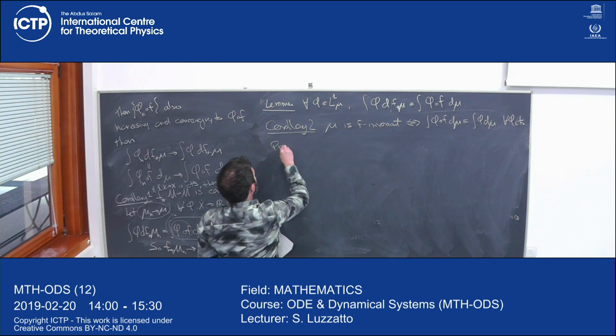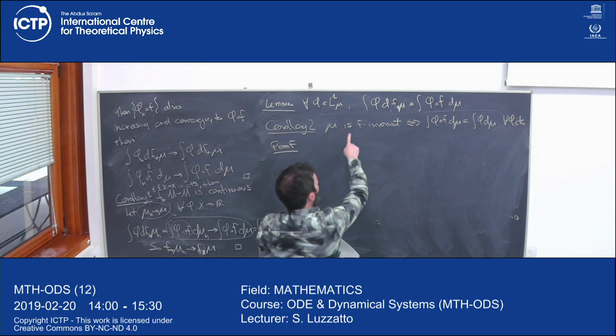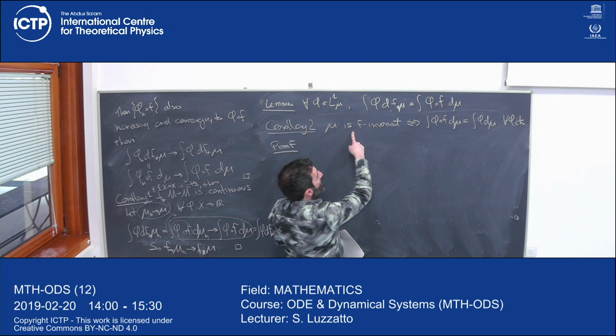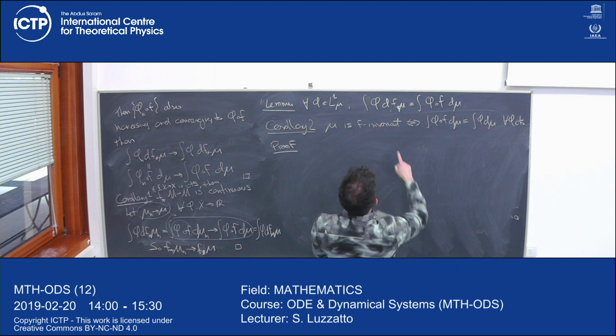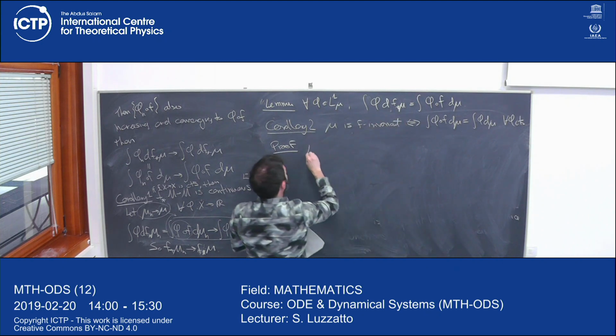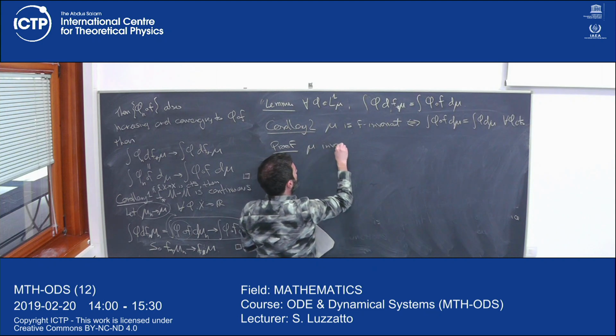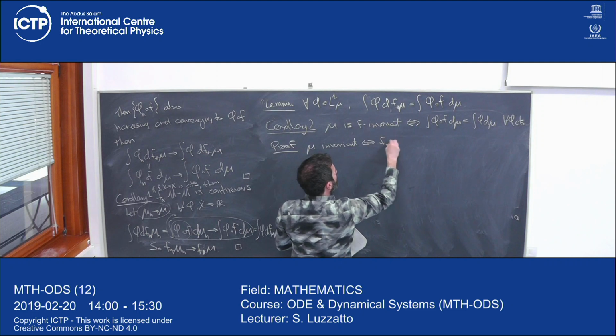So proof: if mu is invariant, then remember that mu is invariant if and only if f star of mu equals mu.